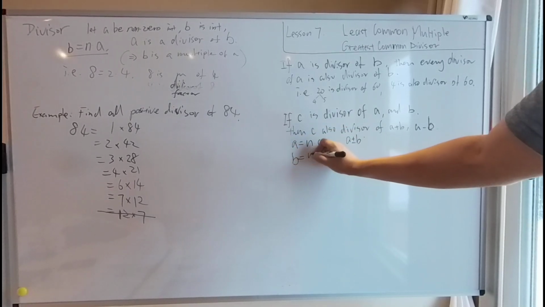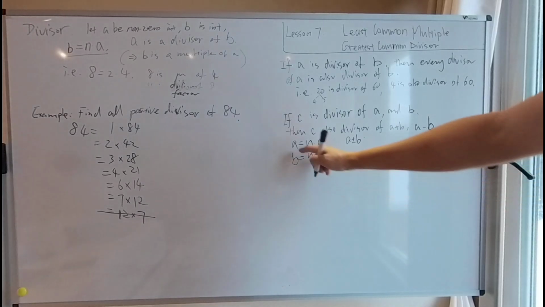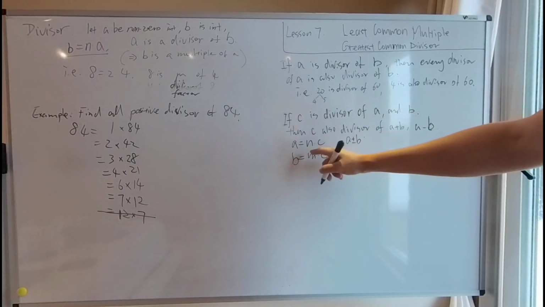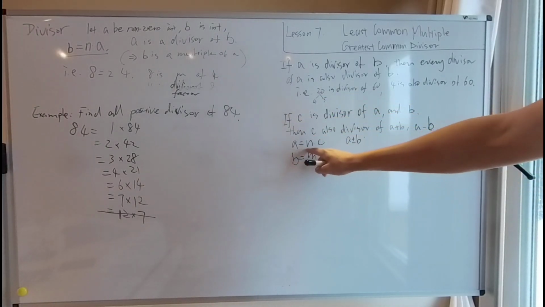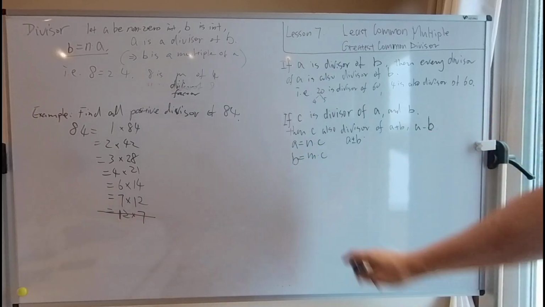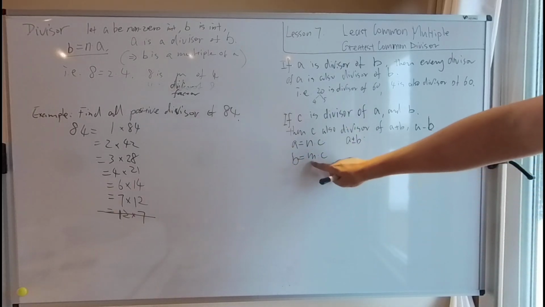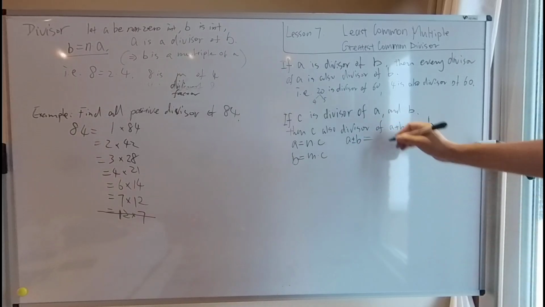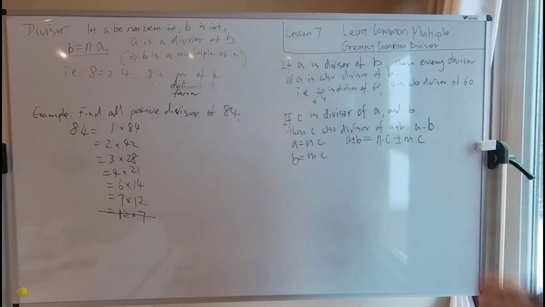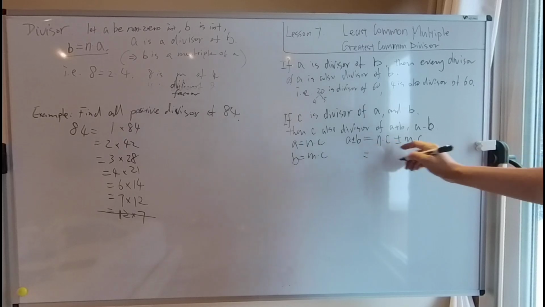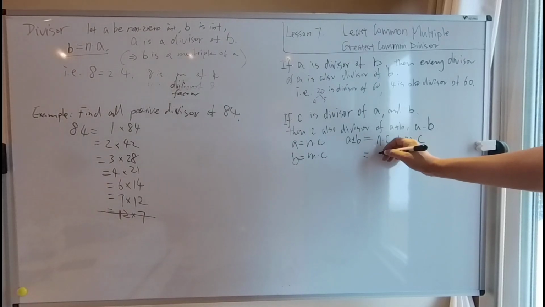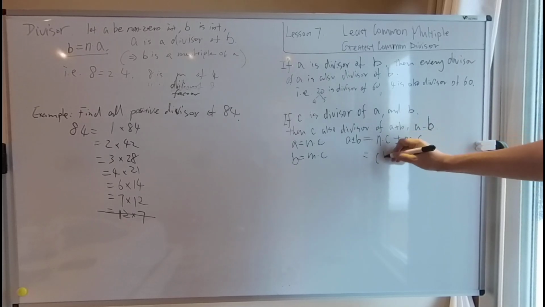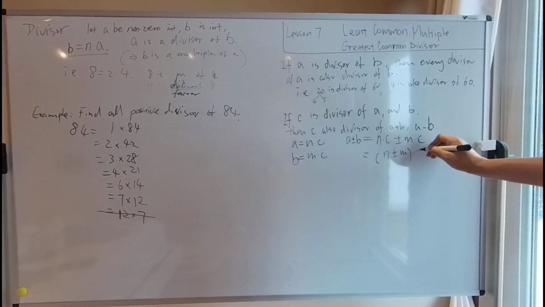putting it this way. Because c is a divisor, a and b are multiples of c. So c is a divisor, then number a can be written as an integer times c. And similarly, number b can also be written as another integer times c. So then a plus b or a minus b would be written as n times c plus or minus m times c. And then c is the common factor, so it's n plus or minus m, times c.